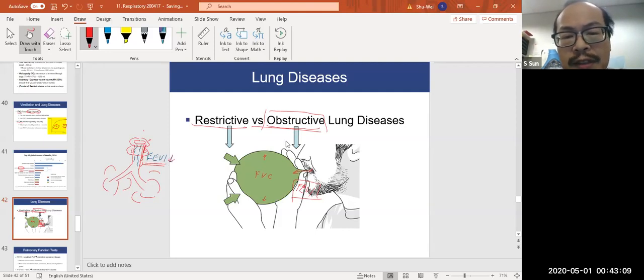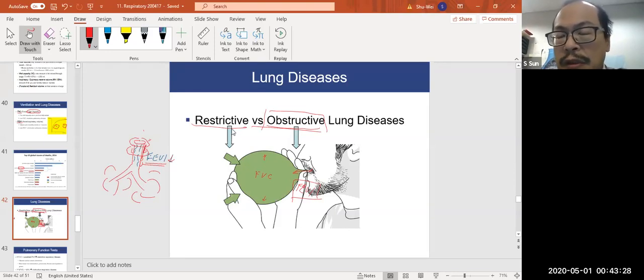So that's obstructive. As for restrictive, it's not about the airway. Restrictive is the lung itself. Restrictive lung disease is less common compared to obstructive lung disease.